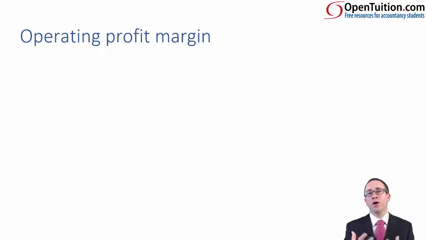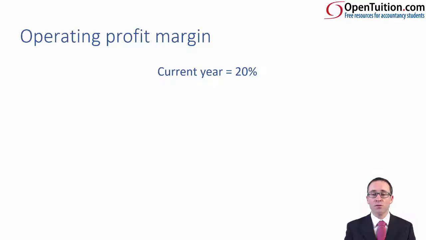So if we continue with our illustration from before, we saw that there was an increase in your gross margin, didn't we? Well, let's just twist it. Let's just say my operating margin has gone to 20% this year. And last year it was much higher at 25%. So we have an increase in our gross margin, but a decrease in our operating profit margin. So we're not controlling our costs as well as we did last year.